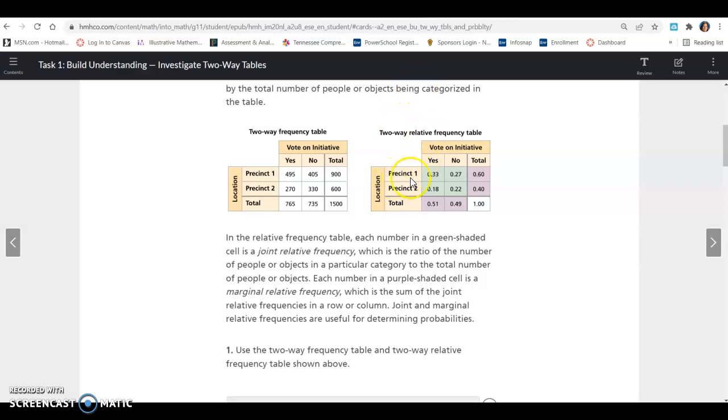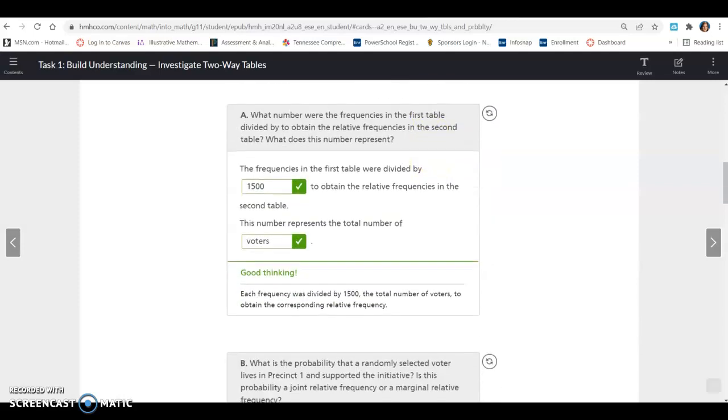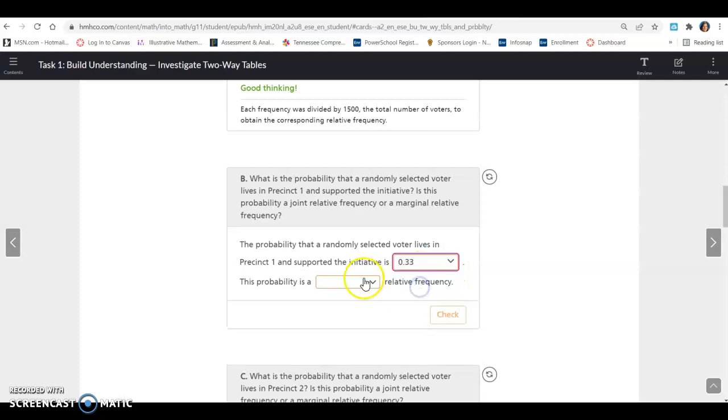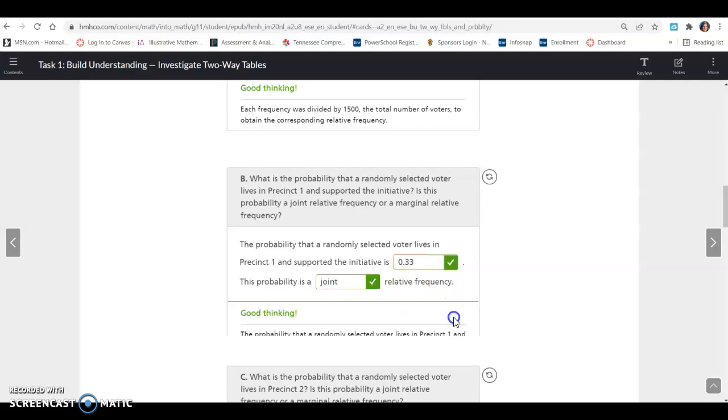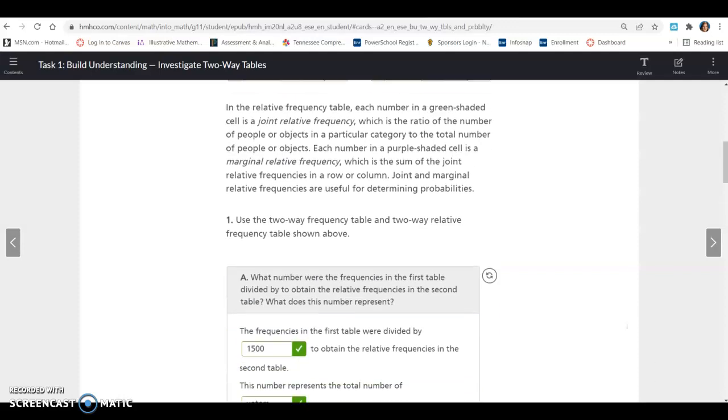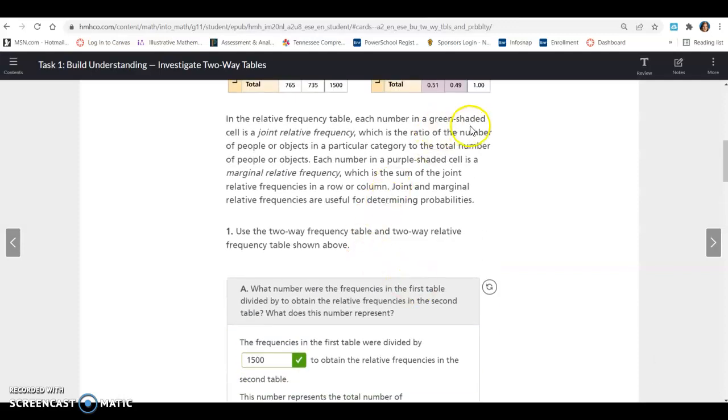If we look at precinct 1 and the number of voters that said yes, that is 33%. And this probability is a joint relative frequency because that was in green. Okay, remember above it said if it was green shaded, it's joint, and if it's purple shaded, it's marginal.